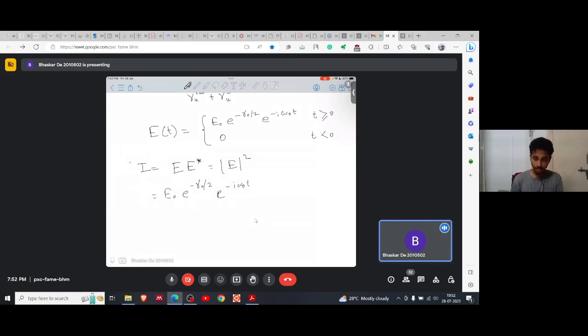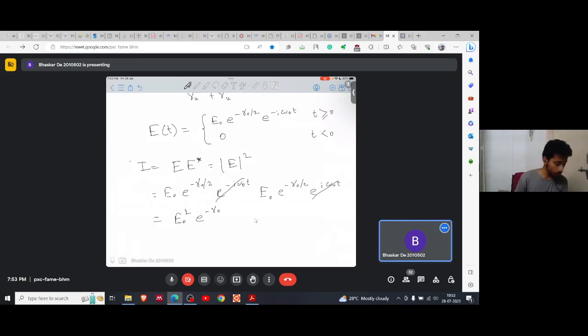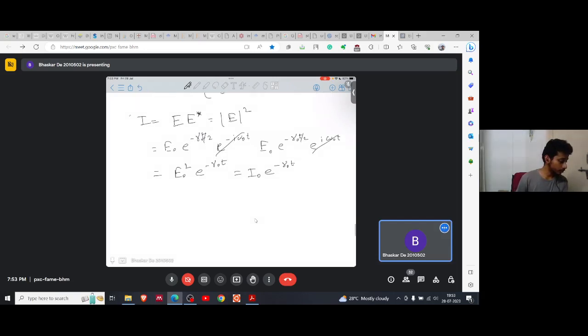The star means the complex conjugate, so that will give E naught again e to the power minus gamma naught by 2 t, and then e to the power minus i omega naught t. So these phase terms will cancel each other and we will have E naught square e to the power minus gamma naught t. So the intensity is also decreasing here.